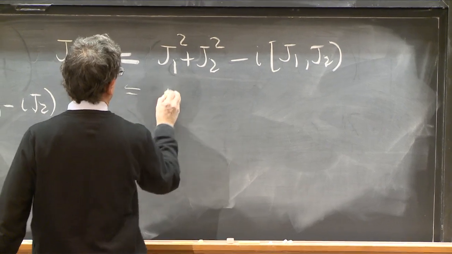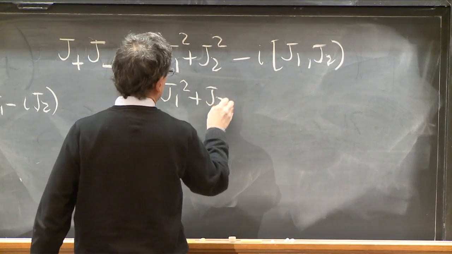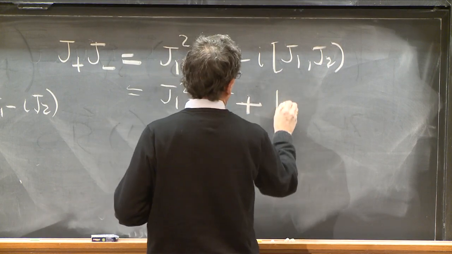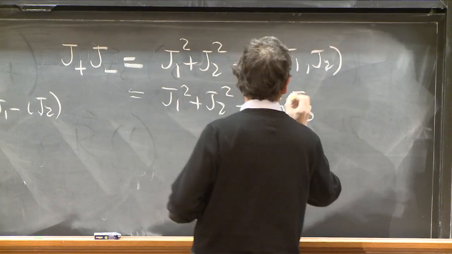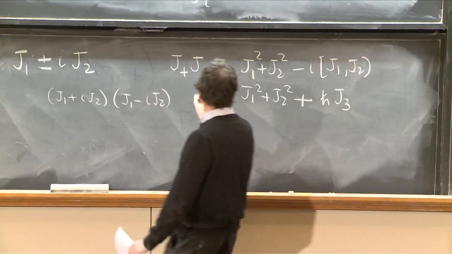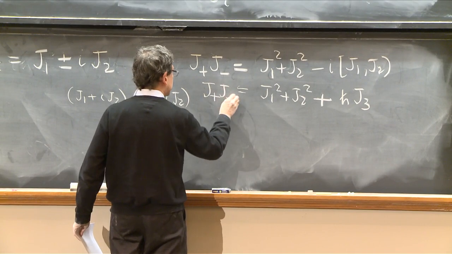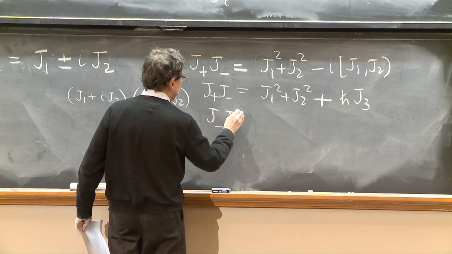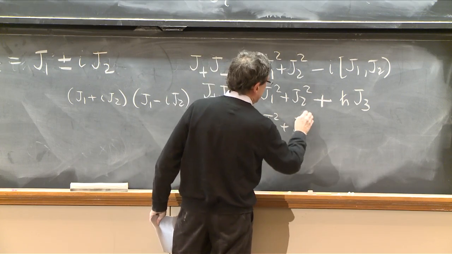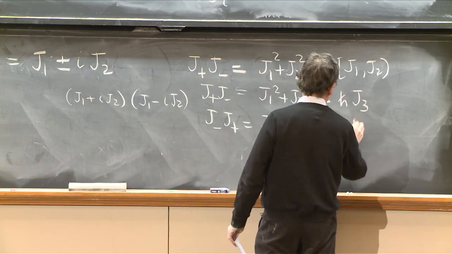So this is J1 squared plus J2 squared plus h bar J3. So that's a nice formula for J plus J minus. J minus J plus would be J1 squared plus J2 squared minus h bar J3.